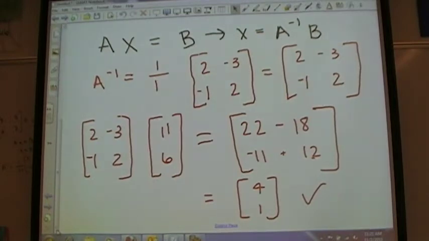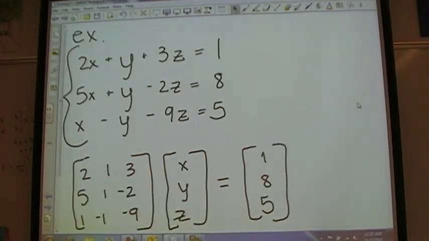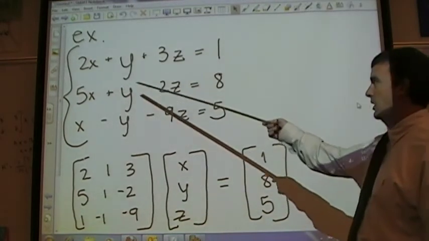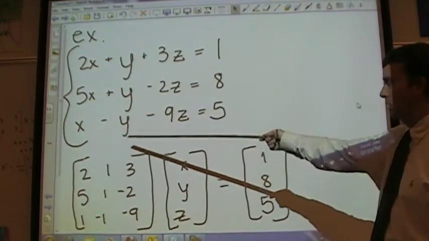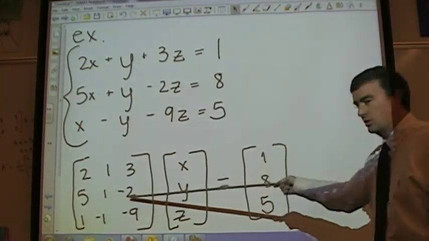Now, 3 by 3, I think is a lot faster to use matrices. So here's my matrix equation. Here's my system. If you want to use elimination, I'd eliminate the y's. But if you want to use a matrix, here's your matrix equation.